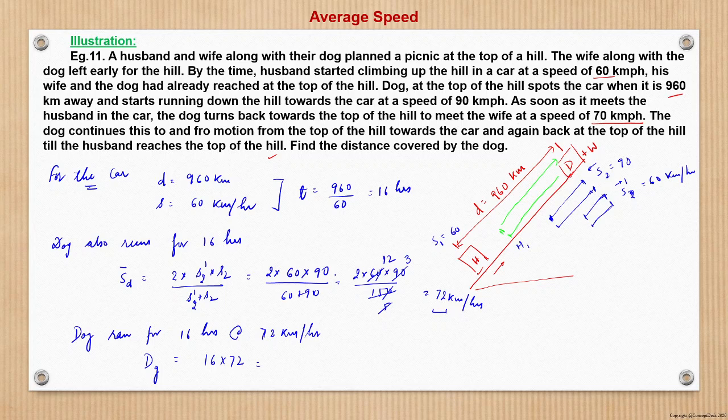I believe the calculation is right. Sorry, this is 70 kilometer per hour. 90 into 70 here. So this becomes 2 into 90 into 70 upon 160.